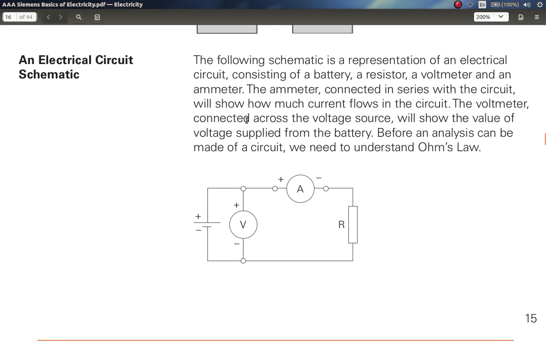The voltmeter connected across the voltage source, see that, will show the value of voltage supplied from the battery. Before an analysis can be made of the circuit, we need to understand Ohm's law.